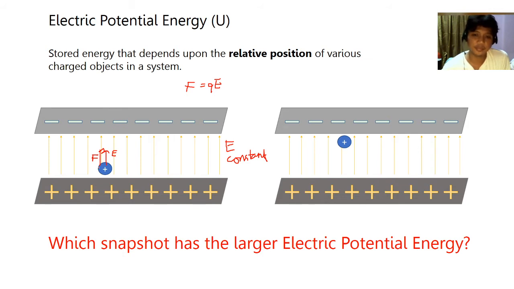But as you can see, the orientation and the relative position between the two pictures, the left and the right picture, is different. And so we can assign a potential energy. Now, I have to take a step back and tell you that not all systems allow us to define potential energies.